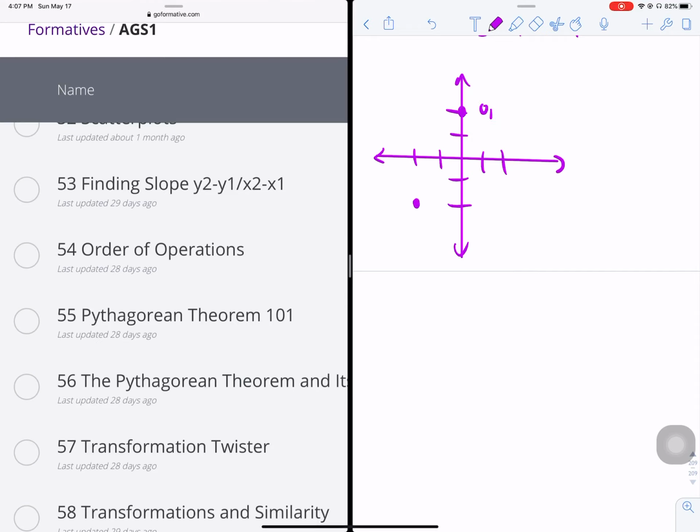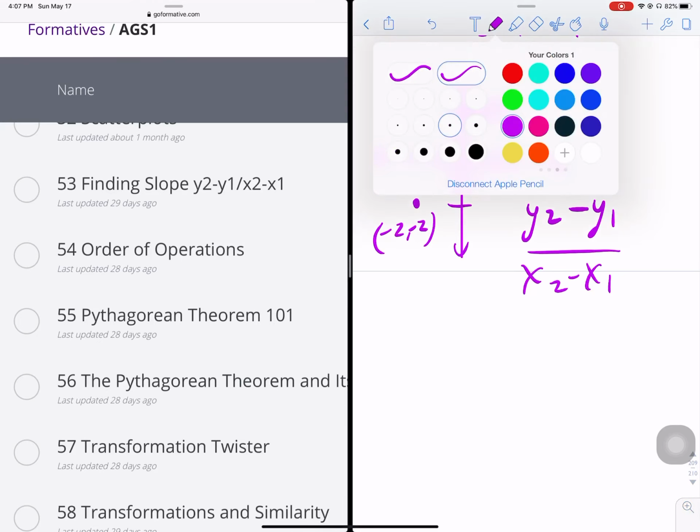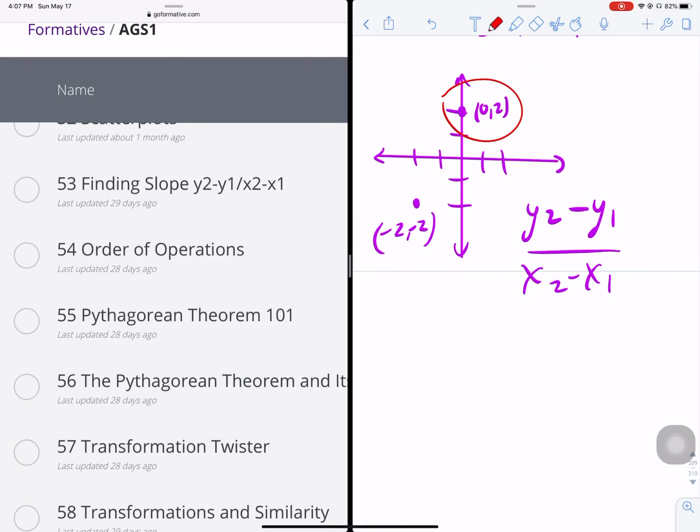So we have 0, 2 and -2, -2. You still need the formula y2 minus y1 over x2 minus x1. You can pick whichever one you want to start. You can start with this one and call that one your x1, y1, or you can pick the other one. It doesn't matter. You need to pick.